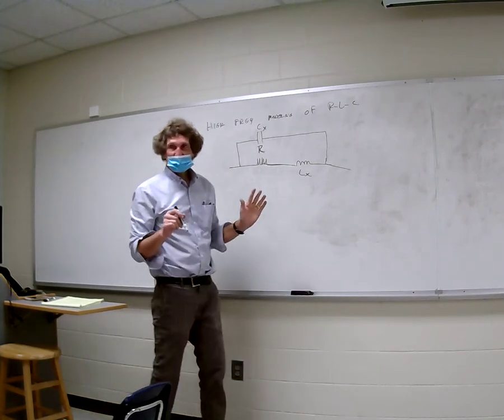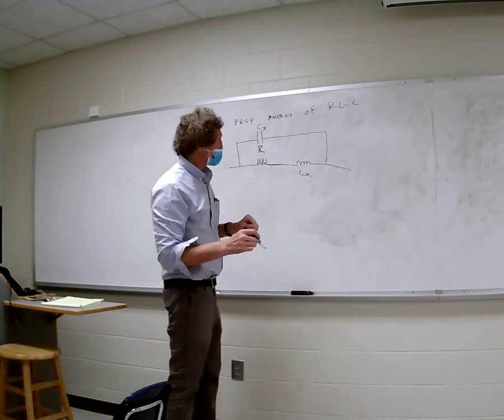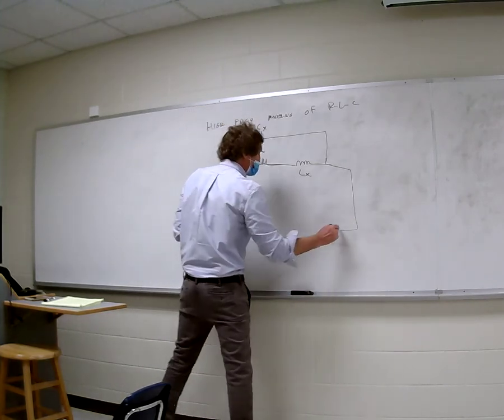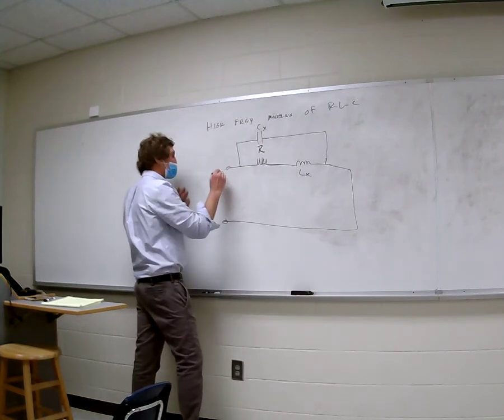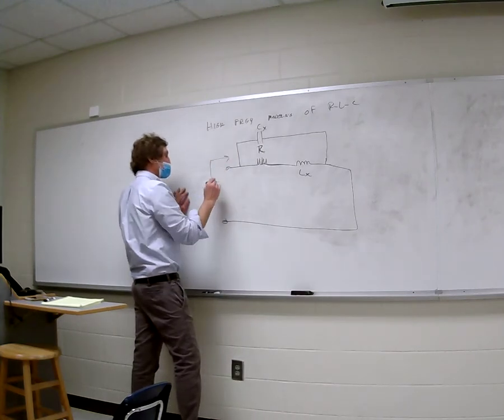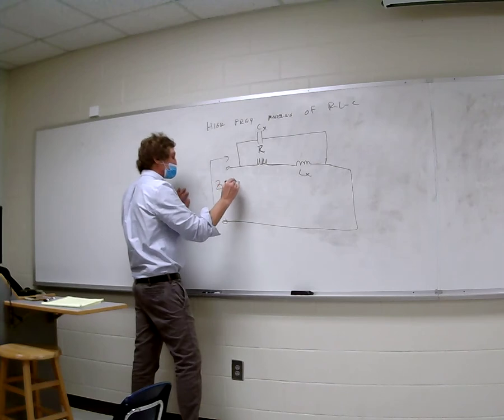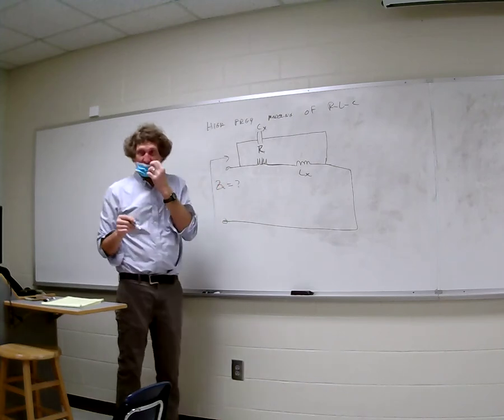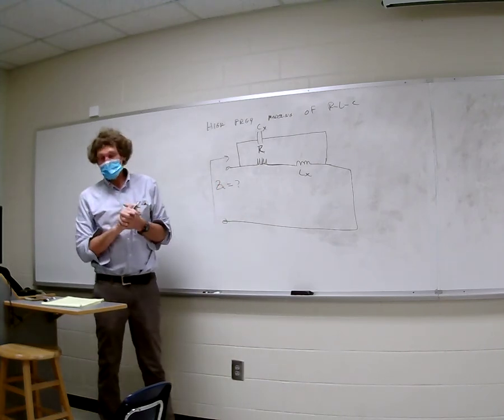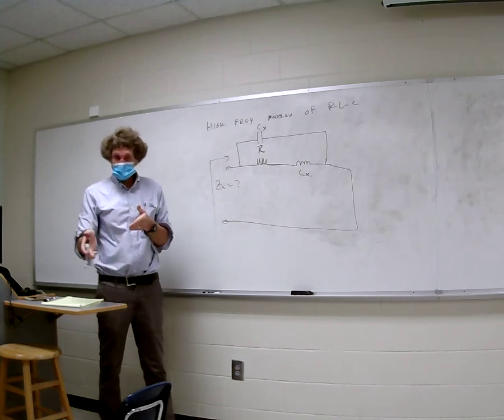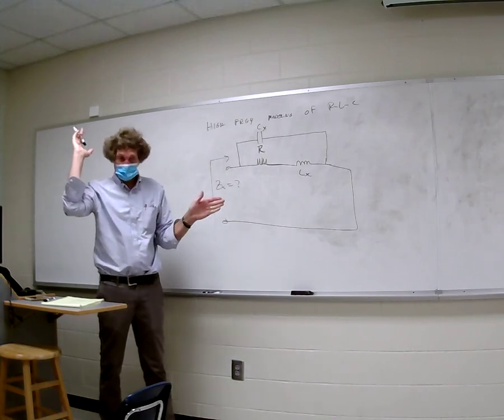So what does this actually look like versus frequency, the impedance? So here's what we want to do. We want to figure out what this looks like. And the way we do it, typically you don't look at them in terms of just linear value of Z, linear value of frequency.